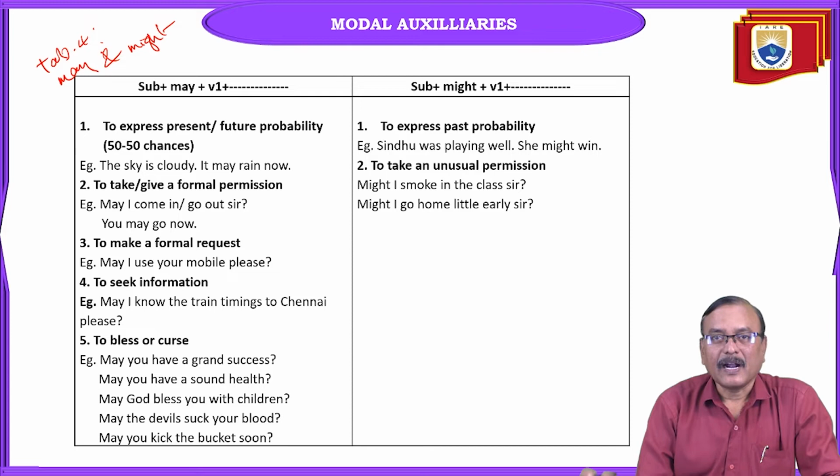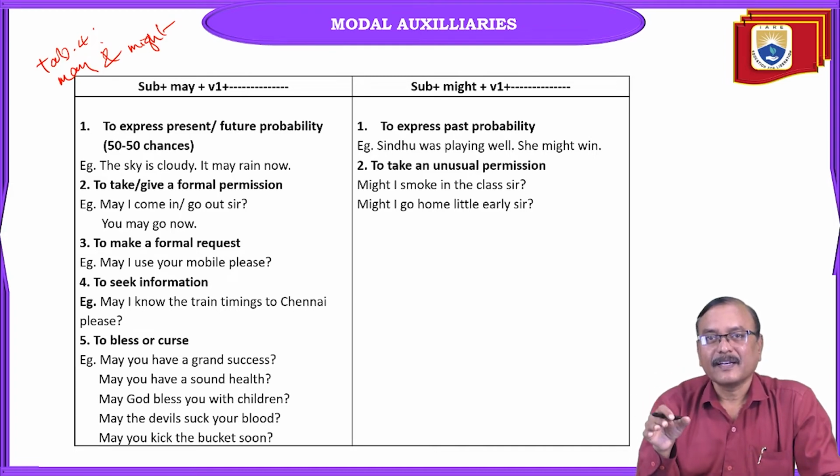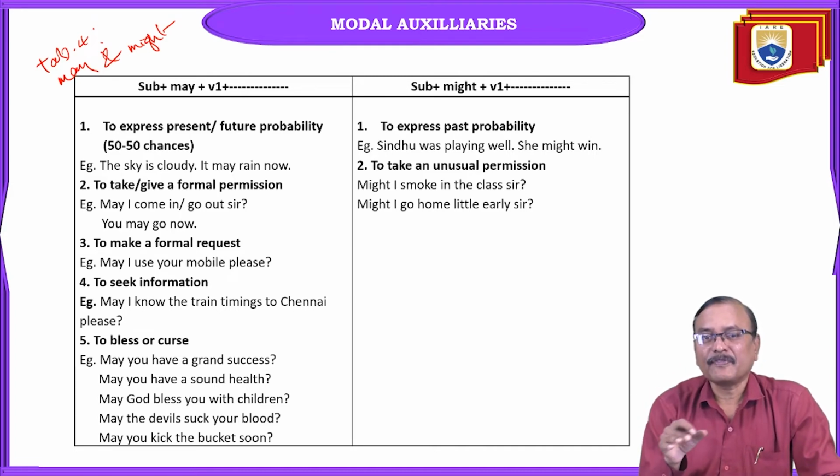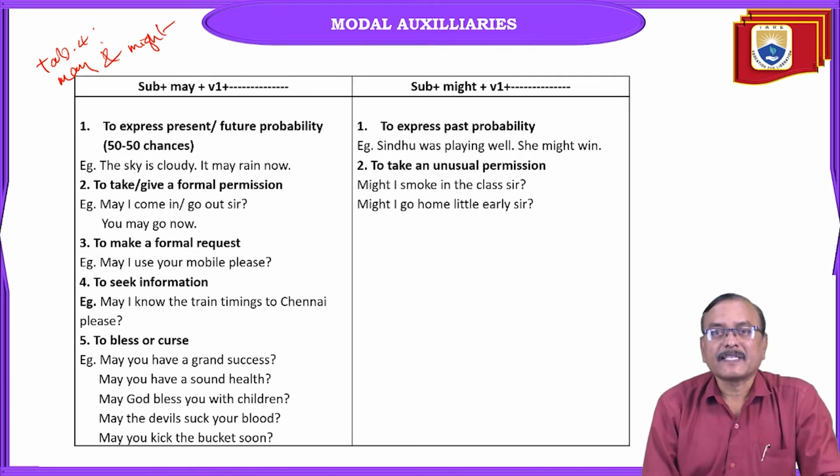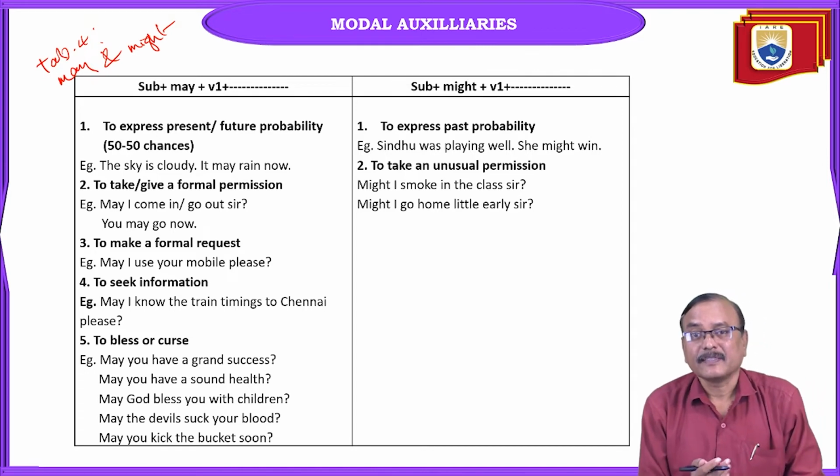Okay? So order of the possibility, highest is the would. Next, could. Right? Highest is here, will, would. Next, can, could. Next, 50-50 is may, might. Okay. See this one. To express present or future probability. Probability, chances only. 50-50 chances.